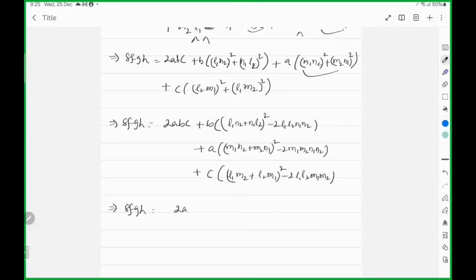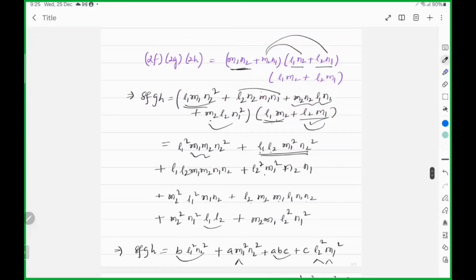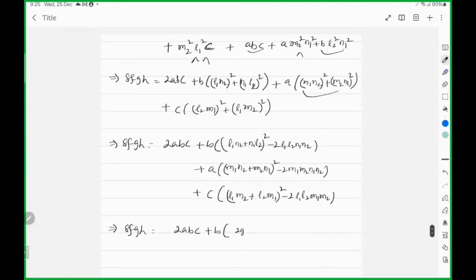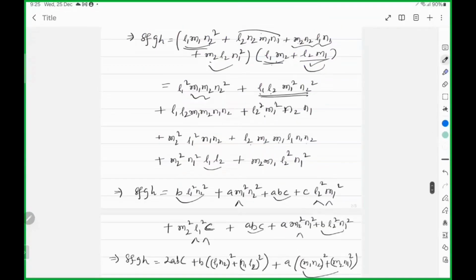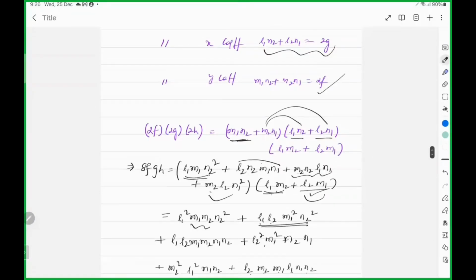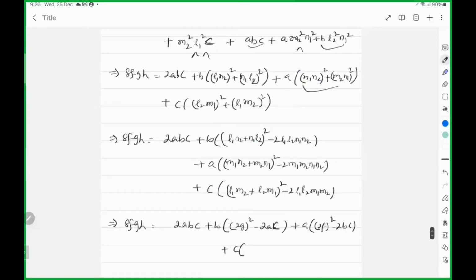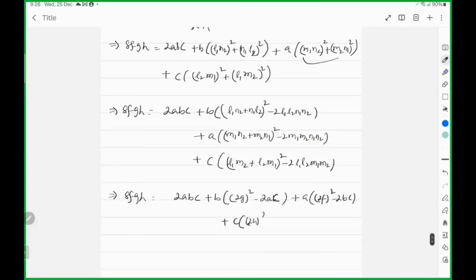8fgh is: L1N2 + L2N1 is 2g, L1L2 is a, N1N2 is c, M1N2 + M2N1 is 2f. So (2f)² − 2bc... L1M2 + L2M1 is 2h, sorry, (2h)² minus, L1L2 is a, M1M2 is b.